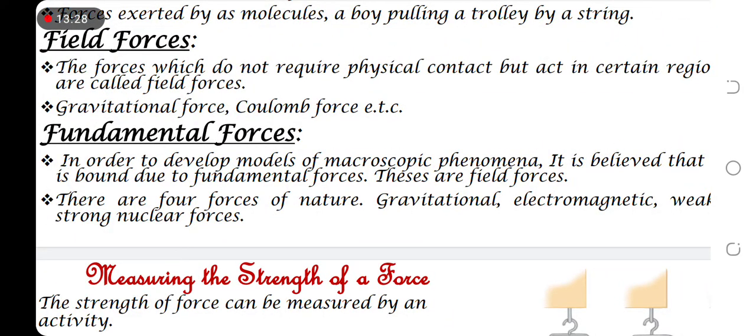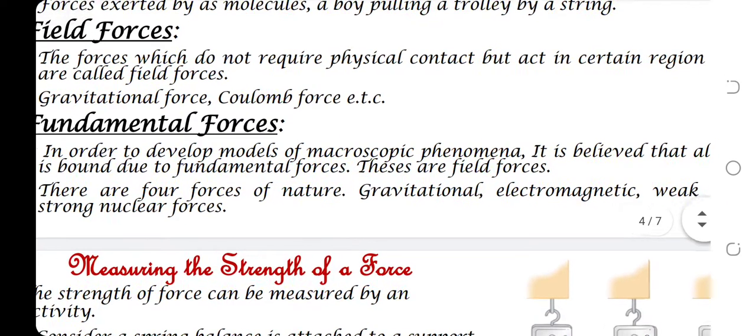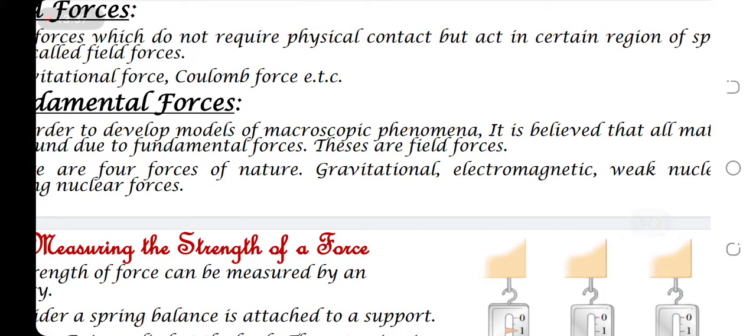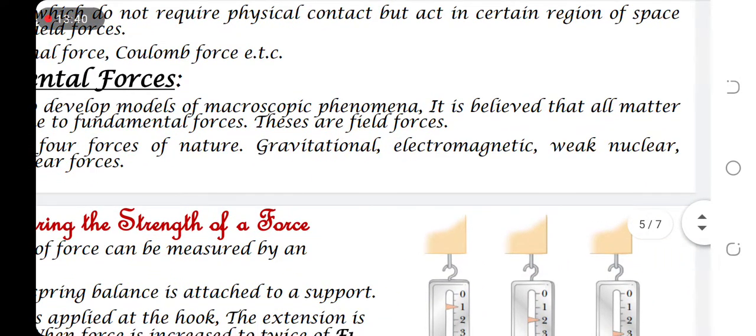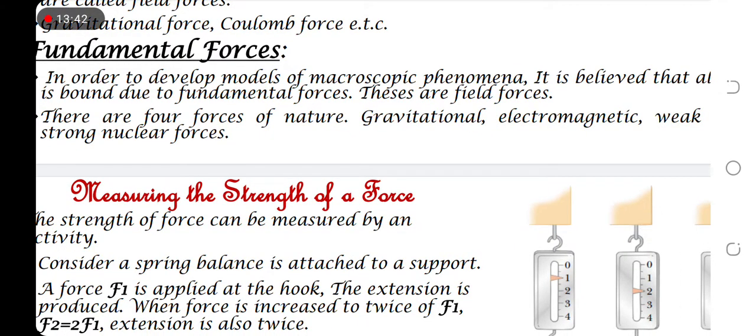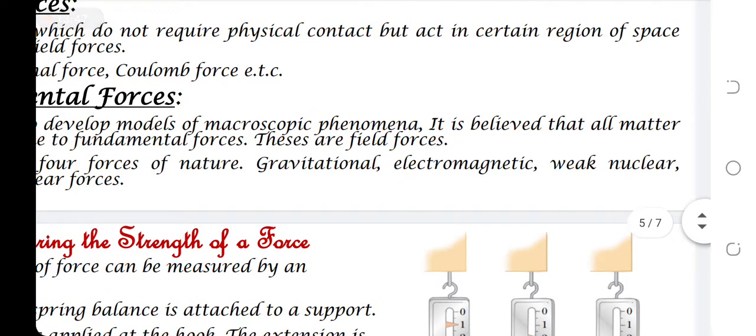Five forces were previously named as fundamental forces: gravitational, electrical, magnetic, weak nuclear force, and strong nuclear force. But later on, it was found that magnetic force has the same origin as the electric force. In other words, magnetic force is generated due to electronic motion.